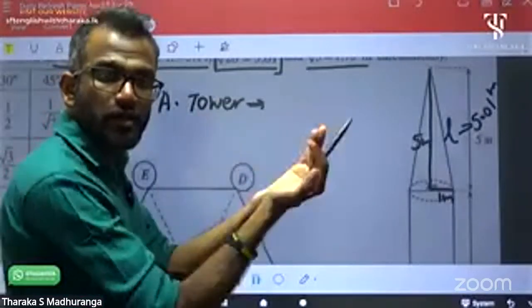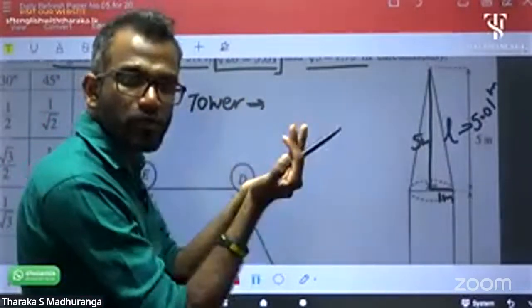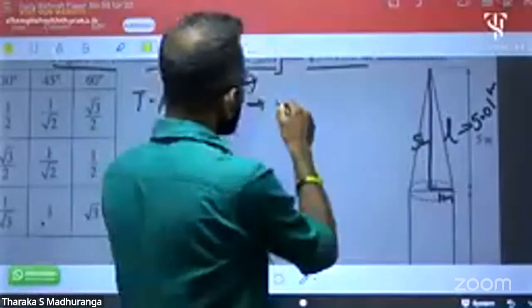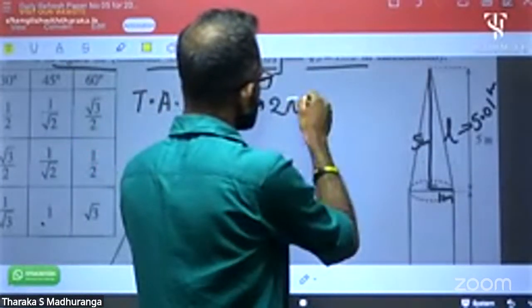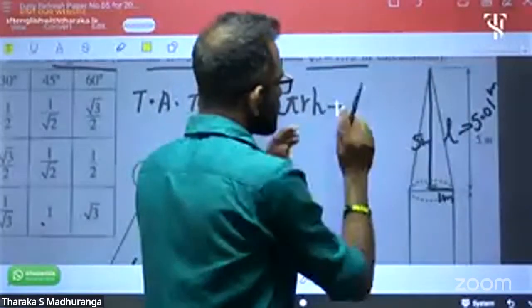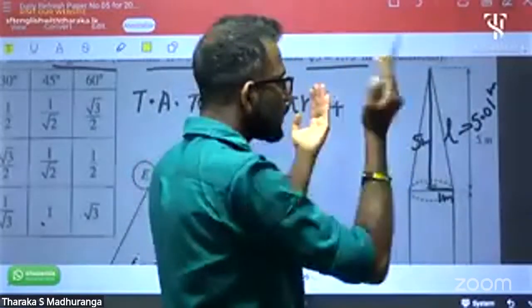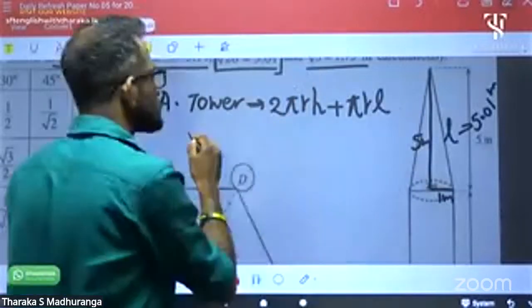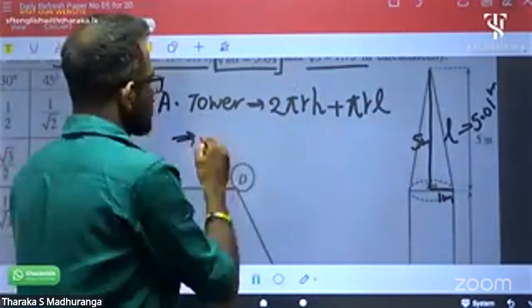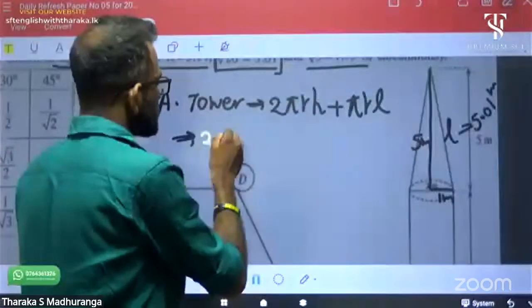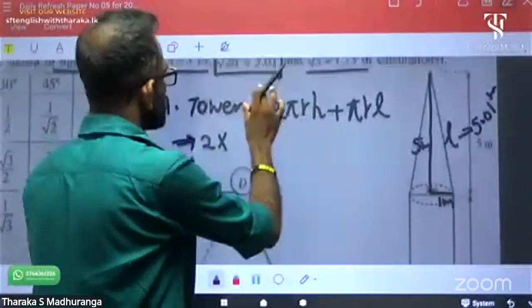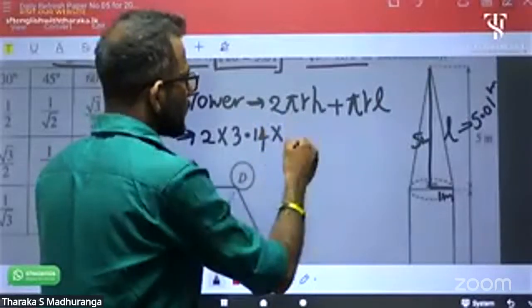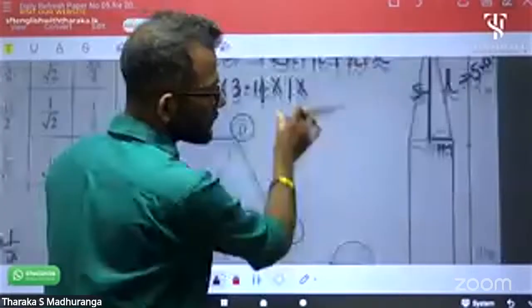The cylinder outer area is 2 pi r h, plus the cone outer area pi r L. 2 into pi equals 3.14, radius 1, h 10.